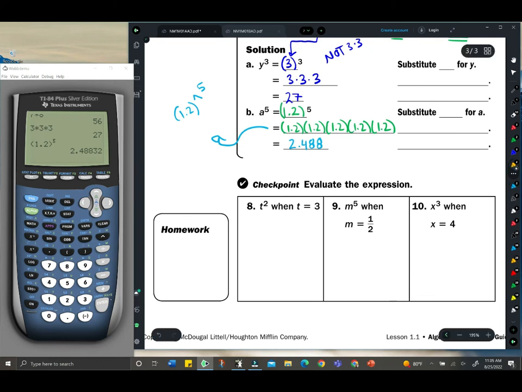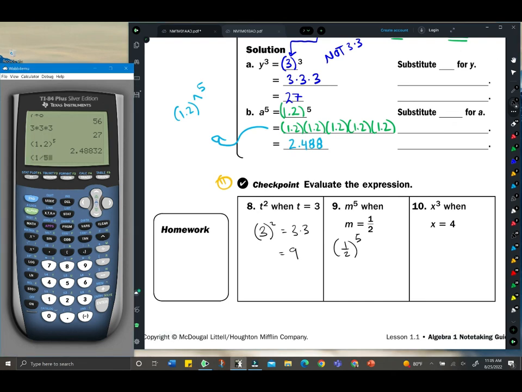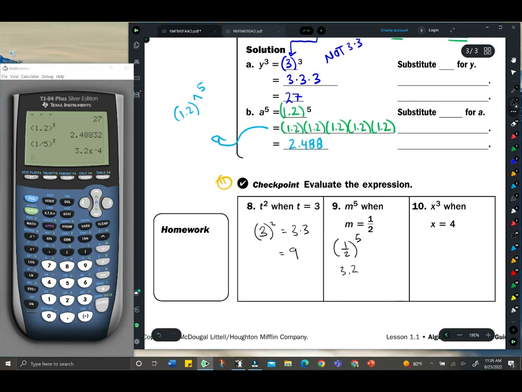Okay, last little mini checkpoint here. Try these out. Again, I invite you to pause, try them, see how you do. t squared when t is equal to 3. So that's 3 squared, which is 3 times 3, which is 9. 1/2 to the fifth, using the calculator trick, is 3.2 e to the negative 4.